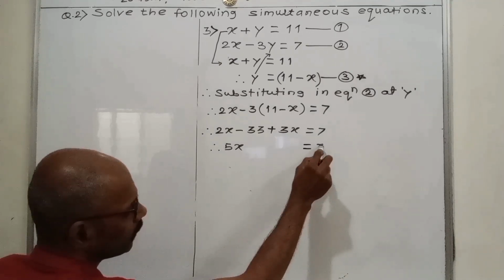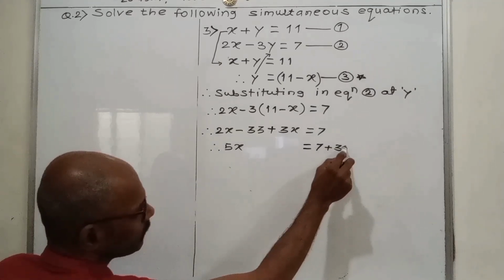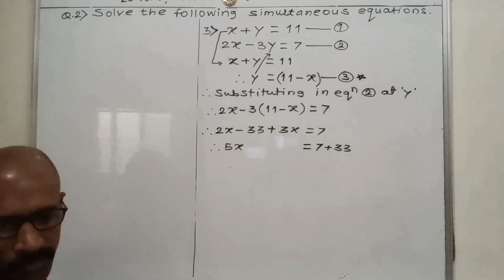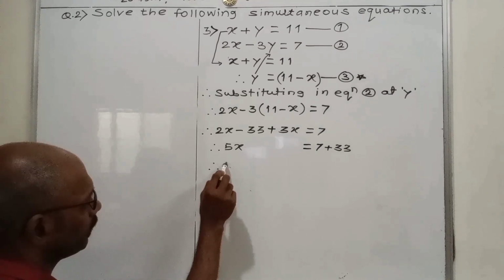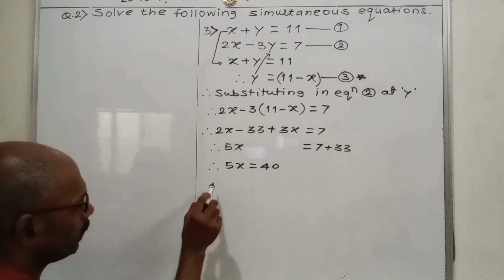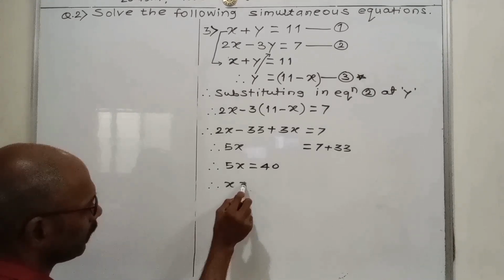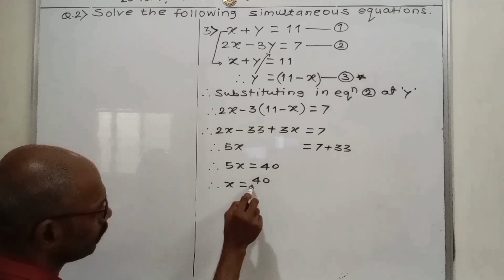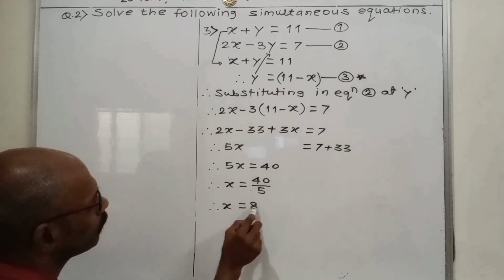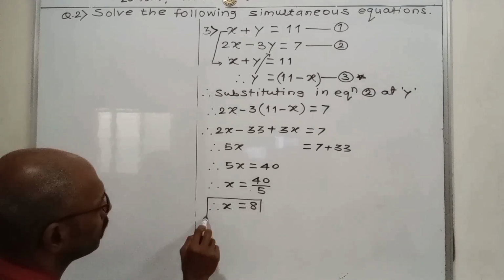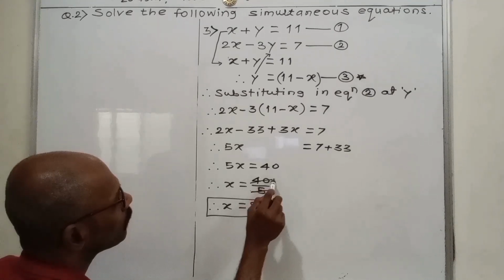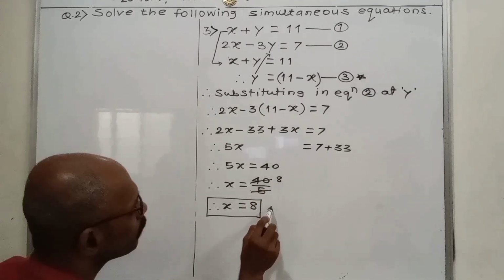We take together 7 plus 33, minus becomes plus. Therefore 5x is equal to 40. Therefore x is equal to 40 upon 5. Therefore x is equal to 8. Did you get it? 5 eights are 40.